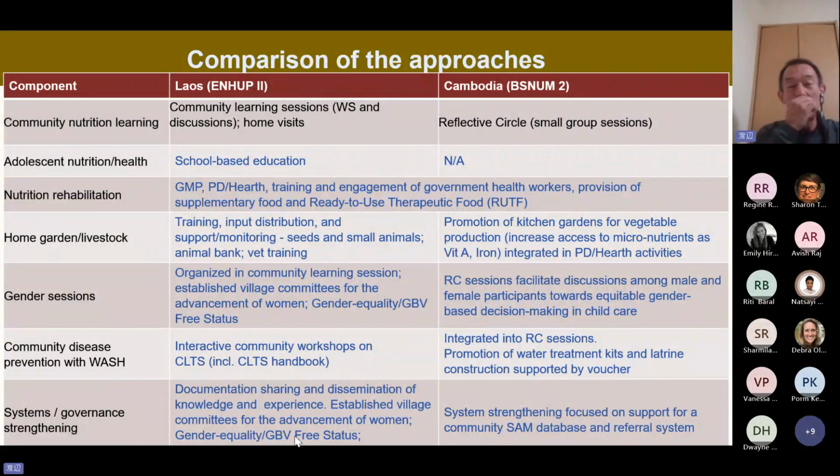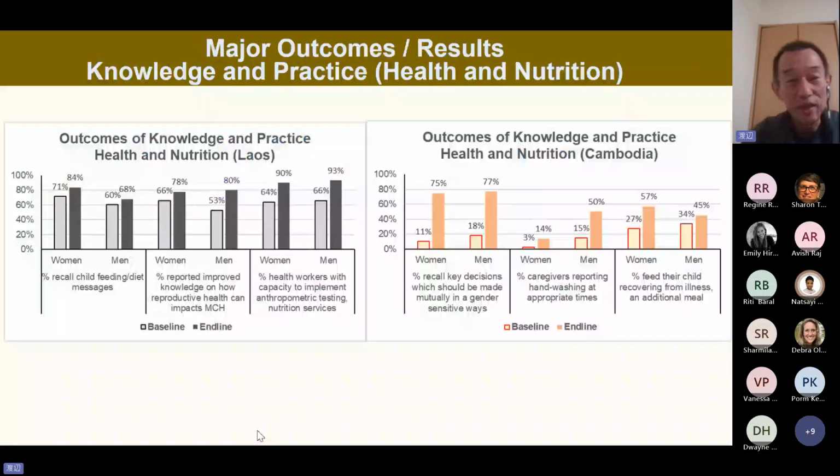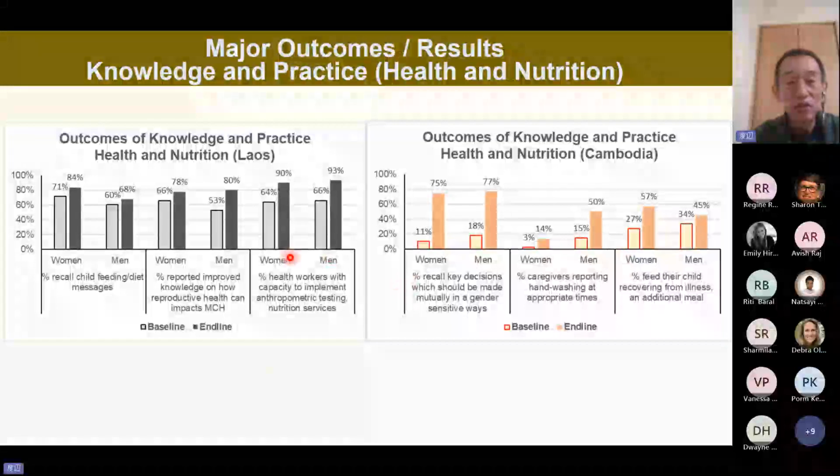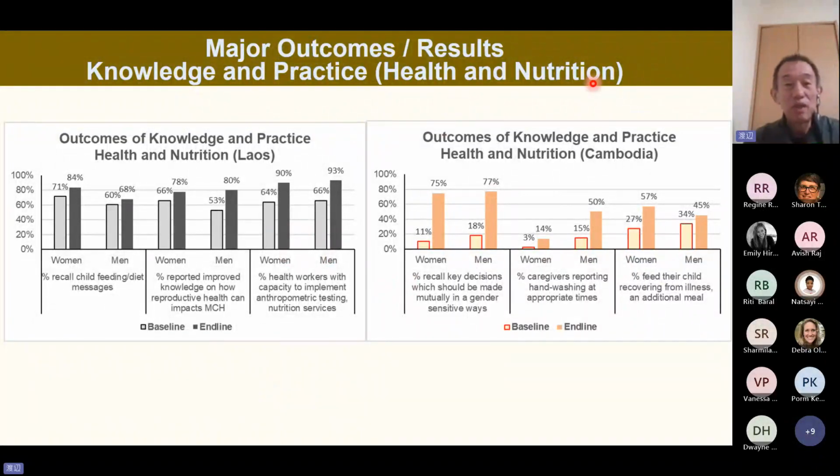So I'd like to now show some graphs, which illustrate, I would say not impact, the difference between baseline and end line for the different countries. First, this slide is about knowledge and practice related to nutrition and health.